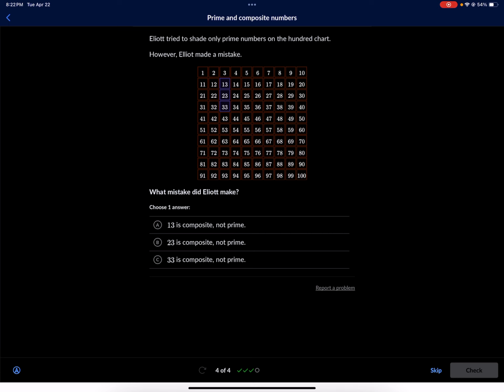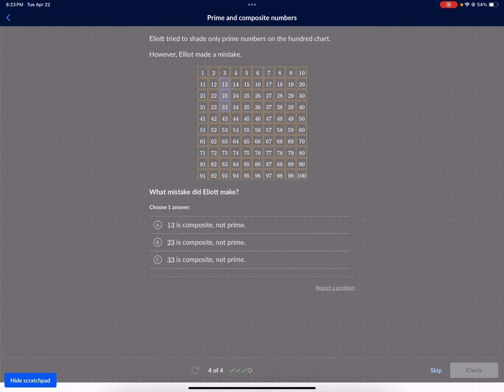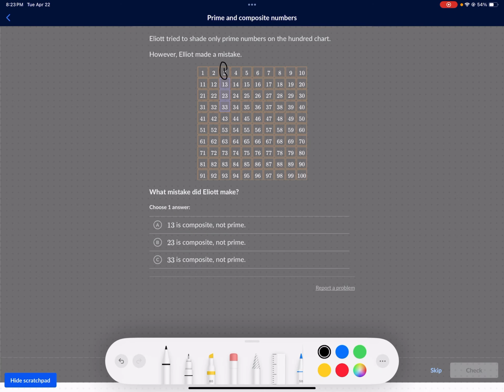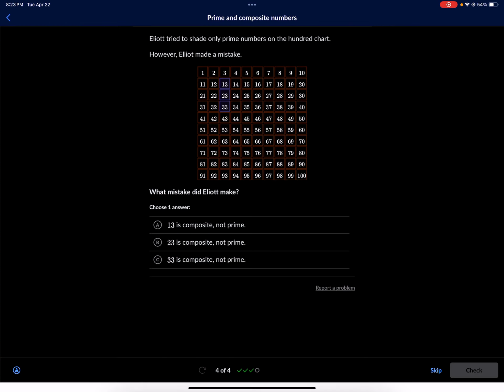So Elliot tried to shade only prime numbers on the hundreds chart. However, Elliot made a mistake. There are so many obvious prime numbers he missed: 3, 5, 7, 17, 11. Anyways, let's see what we got here.